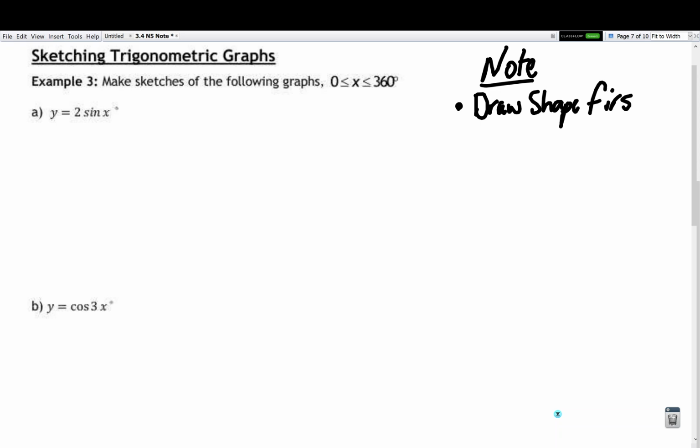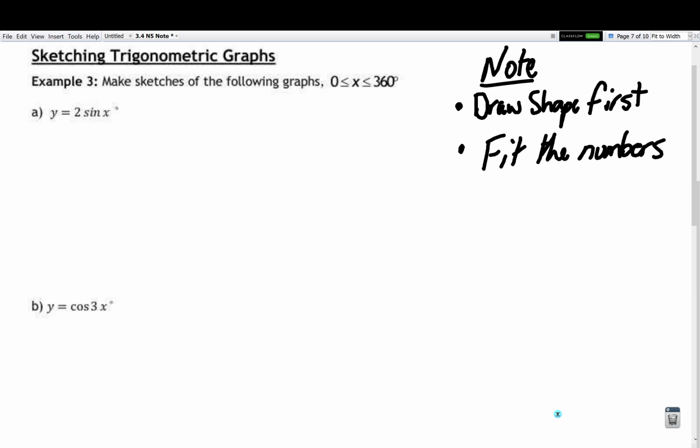So we're going to identify the shape of the curve, i.e. is it a sine, is it a cosine, how many waves are we wanting within our range, approximately how high up and down does it go. We're going to draw that shape first, and then we're going to fit the numbers to match the reference points after that, okay?